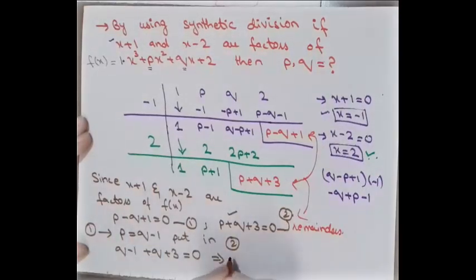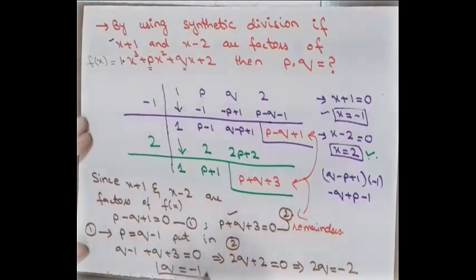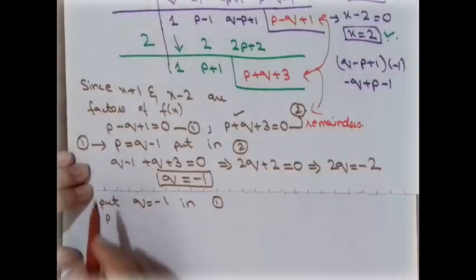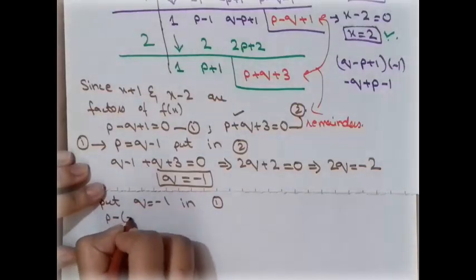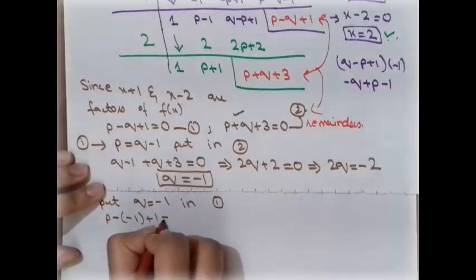So this is 2q and here is plus 2, which equals 0. If we solve it, 2q equals minus 2, and the value of q equals minus 1. Put it in the first equation, so p minus the value of q, which is minus 1, plus 1, equals 0.